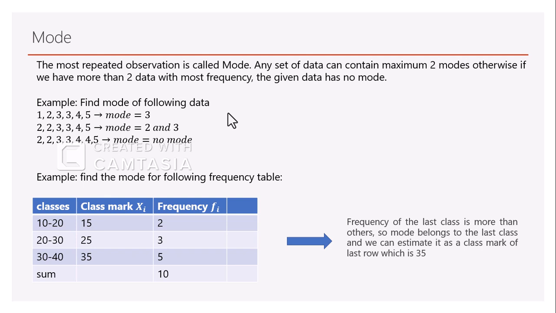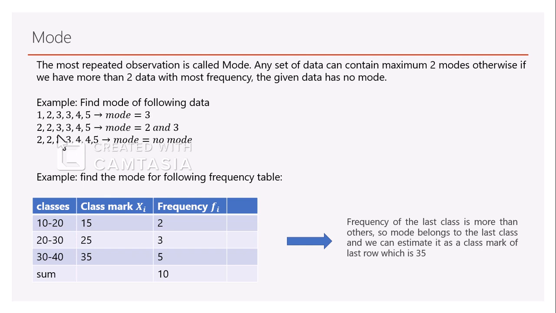The mode in data is the same. Here we have an example of raw data: 1 2 3 3 4 5, and as you can see, 3 is repeated the most, 2 times.